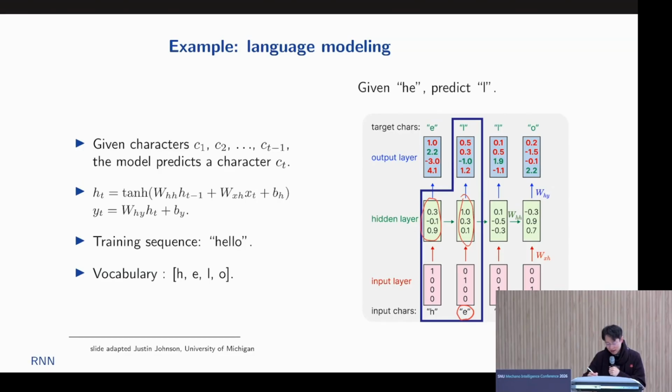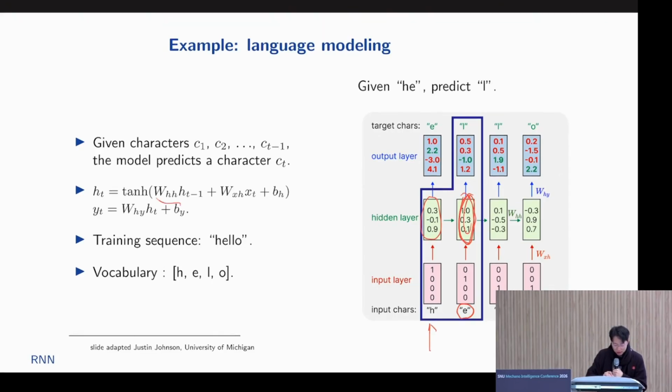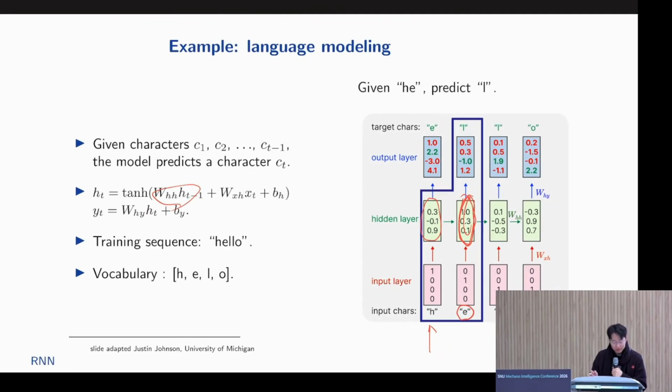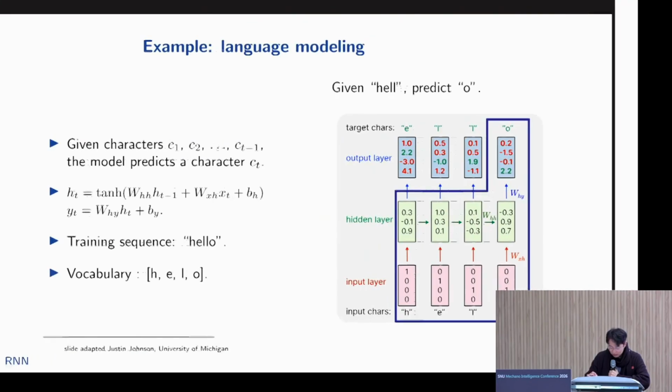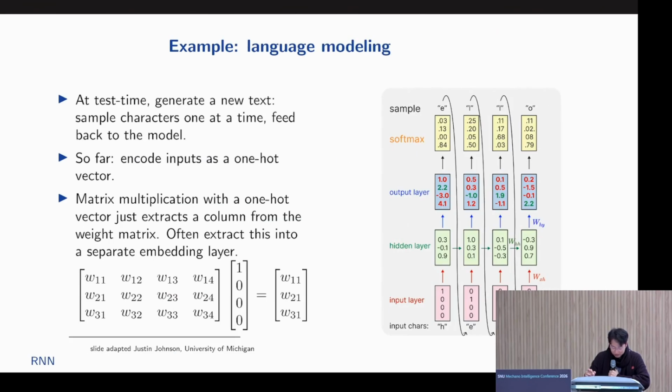So this state already has the information that the previously inserted character is H, through computation here. And you repeat.